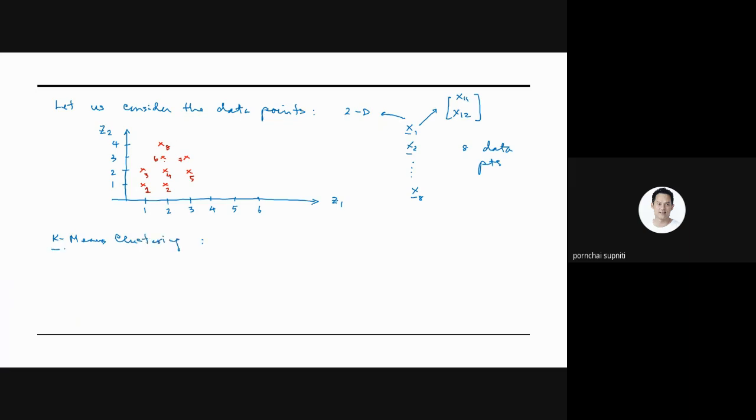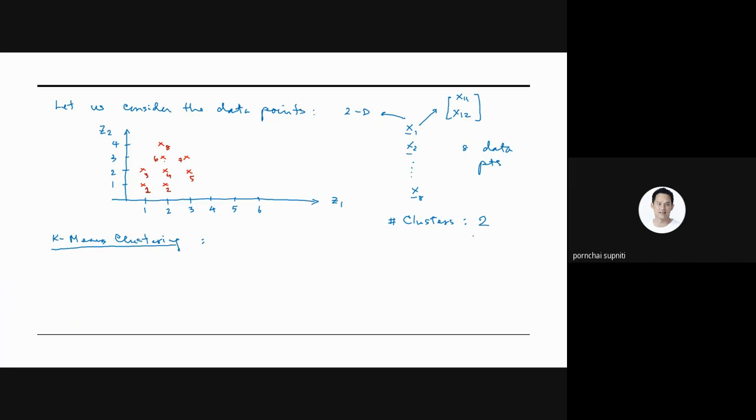Okay, well, one of the things we need to know is how many clusters there are. So here, let us consider the number of clusters that will be used for both k-means and also EM as 2. Okay.